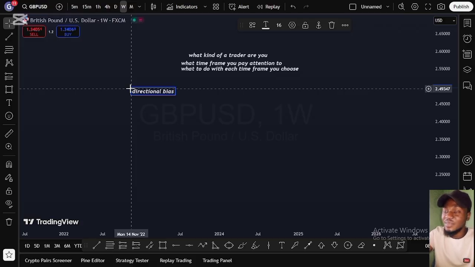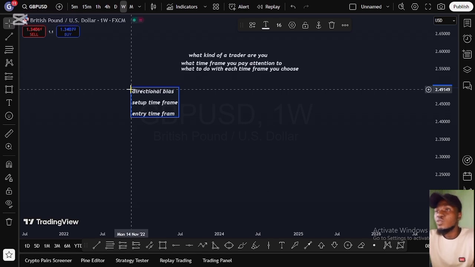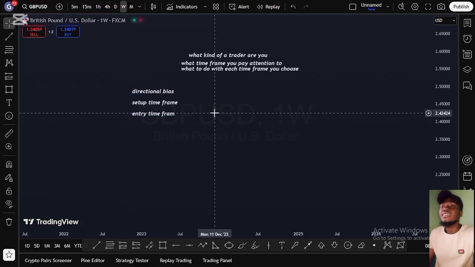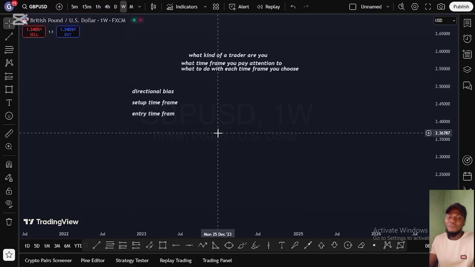I have what I call the setup time frame, and I have what I call my entry time frame. This is where I still manage my position. So these are the three key things for me. Very simple.